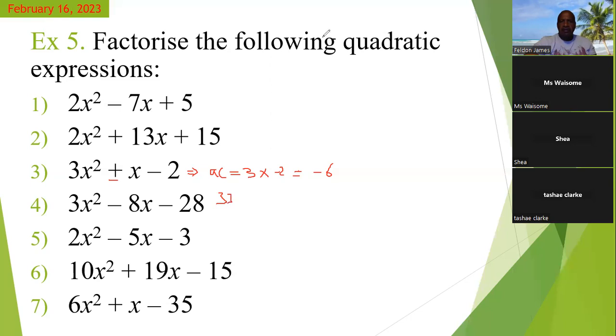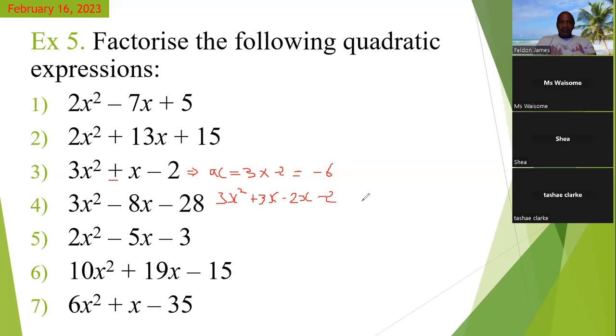And that will give now 3x squared plus 3x minus 2x minus 2. Sorry, put the wrong number, minus 2. Yes, sir.